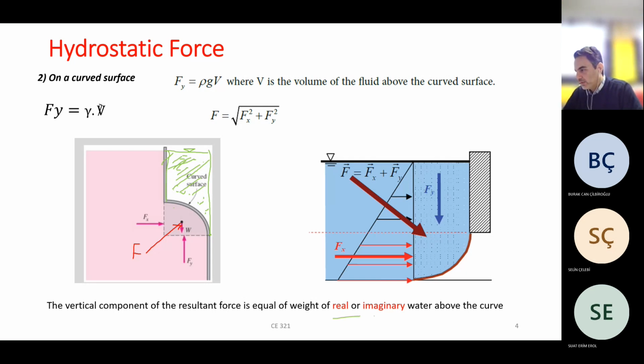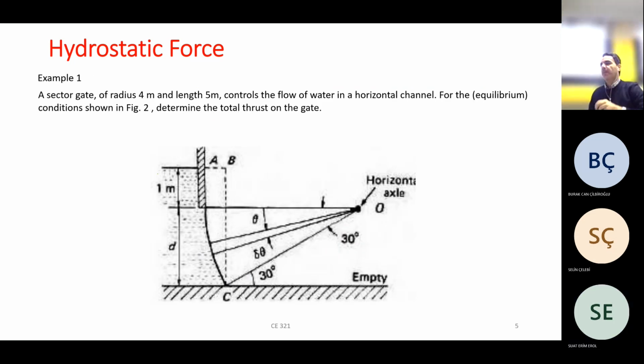It can be real or imaginary, like this green one as an imaginary and this blue one as a real water above the curve. Any question? No, teacher. Okay. Let's use this concept to solve an example, then it will be more clear to you.